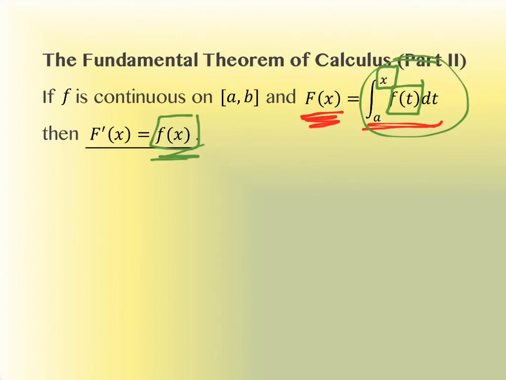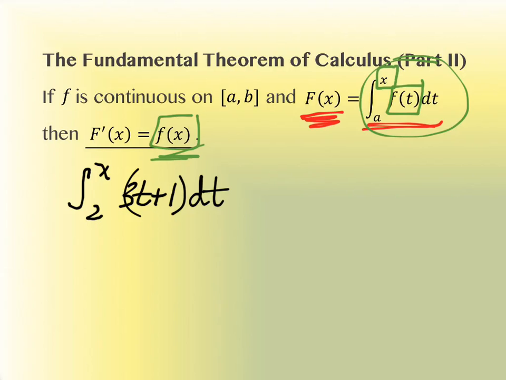Now, there is something else that's going on here. This is where I wanted to do an example of something very simple. Let's say I had an integral that went from 2 to x, of 3t plus 1 dt. Very simple.